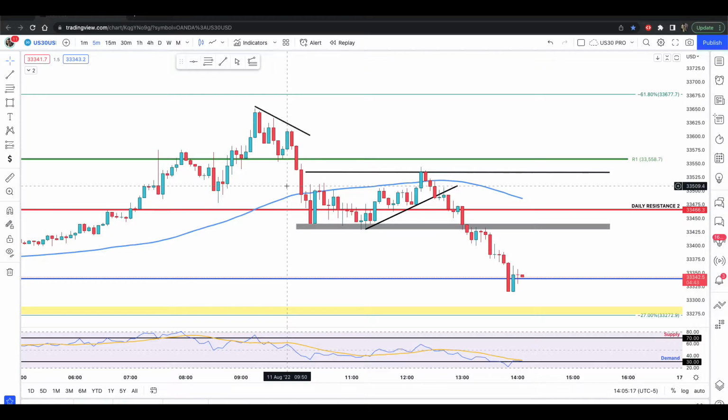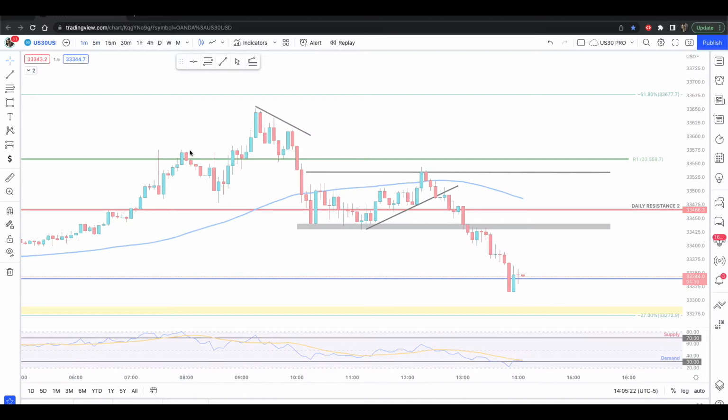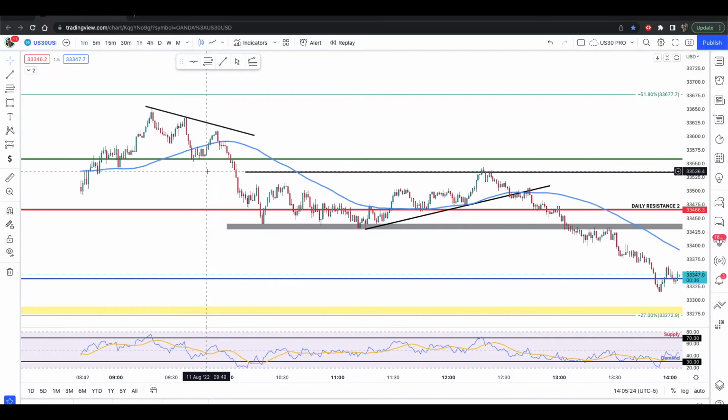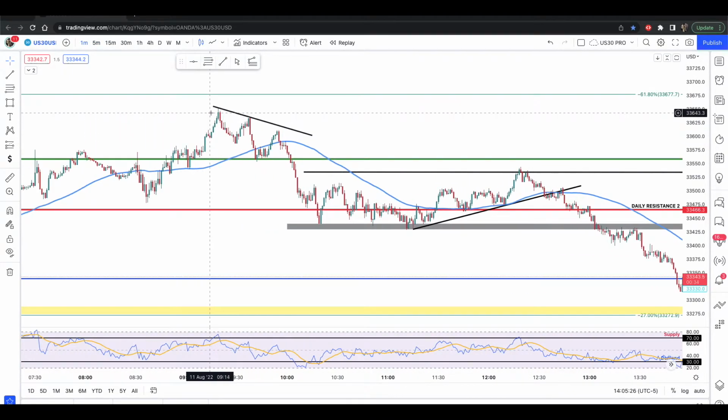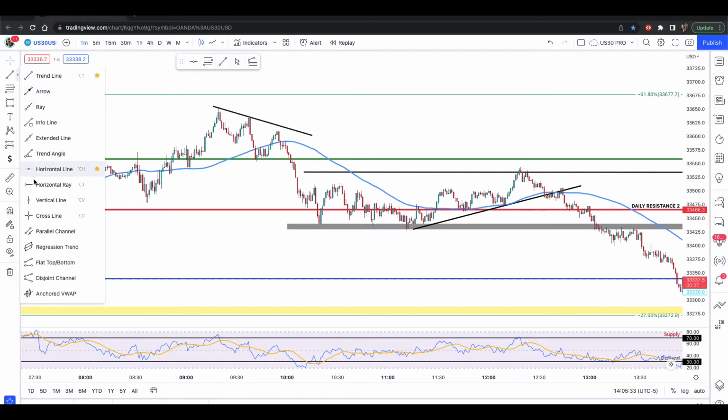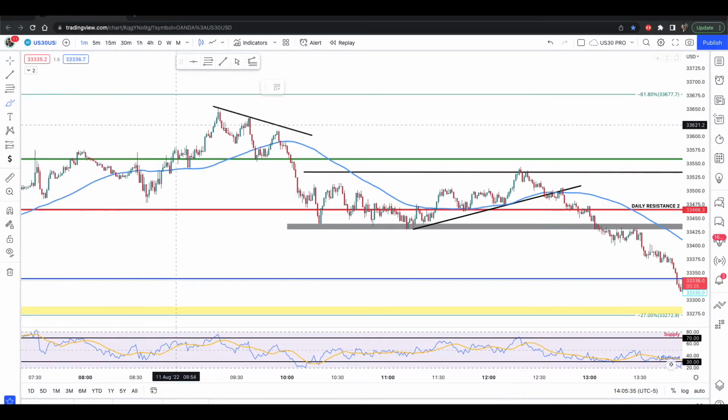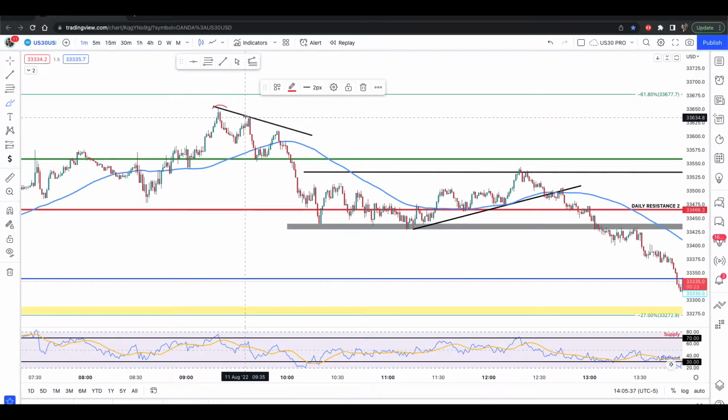around this level. We initially started with lower highs and basically we broke structure.